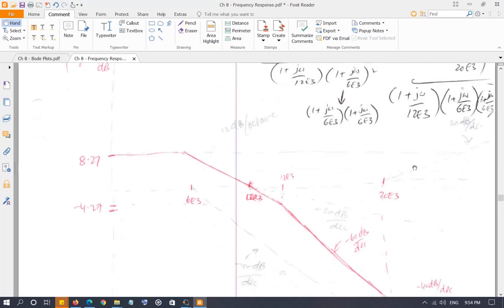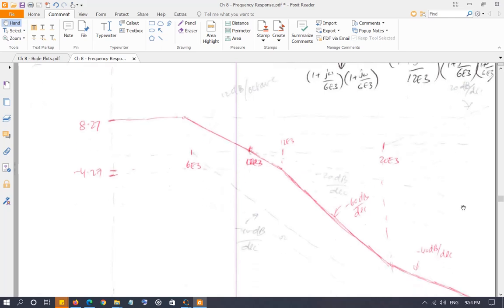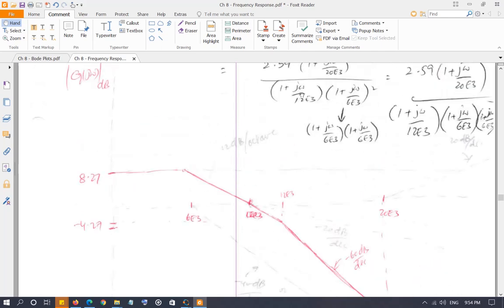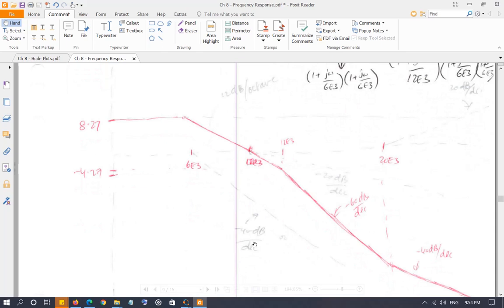Let's see where it is, right here. Up to 20 exponent 3 is 0, and then a slope of 20 decibel per decade. Alright, poles. This will be 0 until 12 exponent 3, 12,000, and then it's going to start going down by negative 20 decibel per decade.